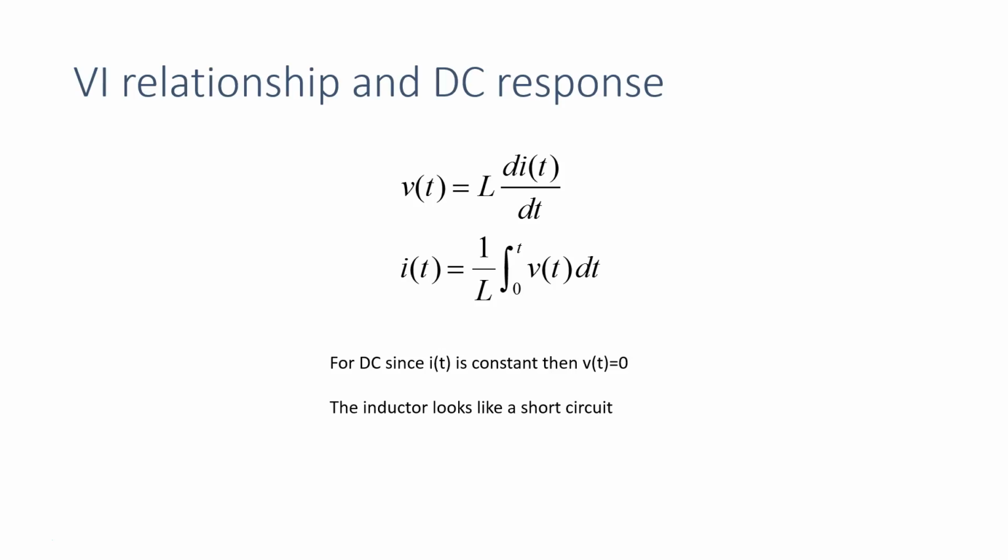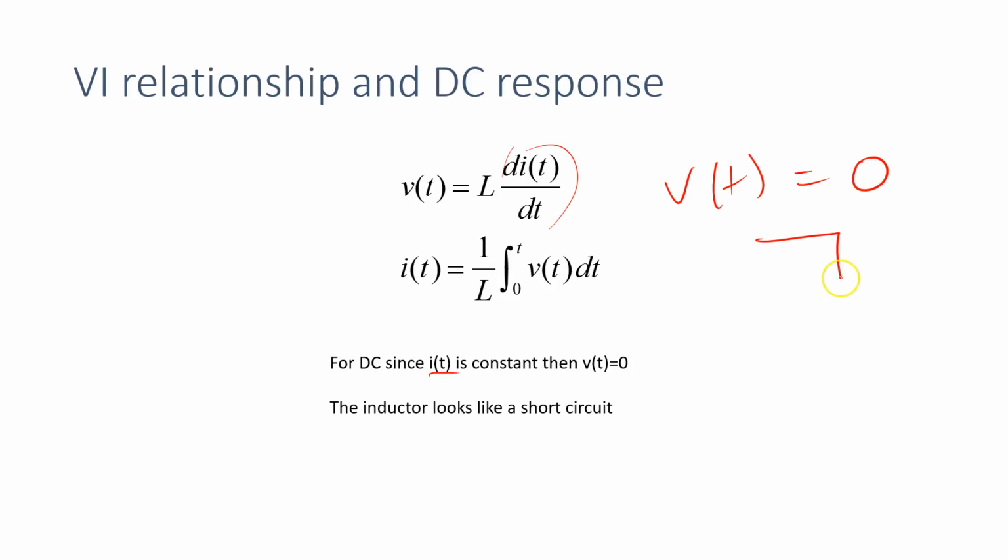So let's look now at the DC response. Just like we did with capacitors, we're going to look at what happens when the variables are constant. So we have the voltage V equal to L di/dt. Now in DC, we have constant variables, so we have a constant I. Since I is constant, di/dt goes to 0 and V goes to 0.